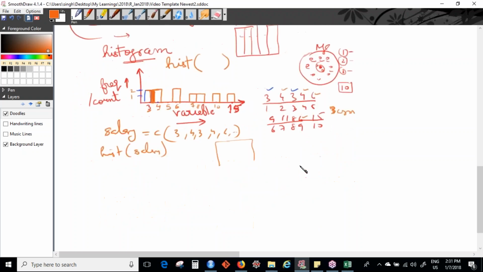So in that case, what is done is you basically form groups here. Let's say this point is 100, this is 200, this is 300, and so on. So you will go in increments of 100.